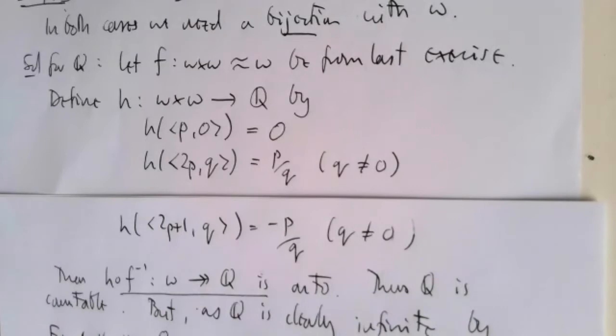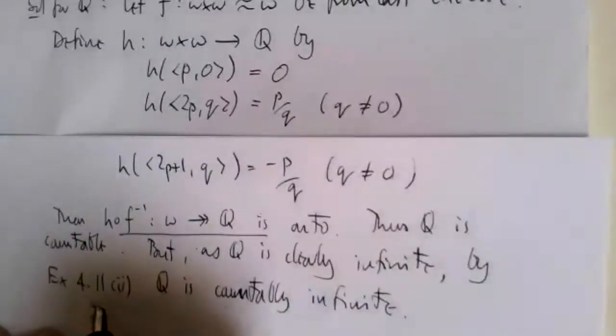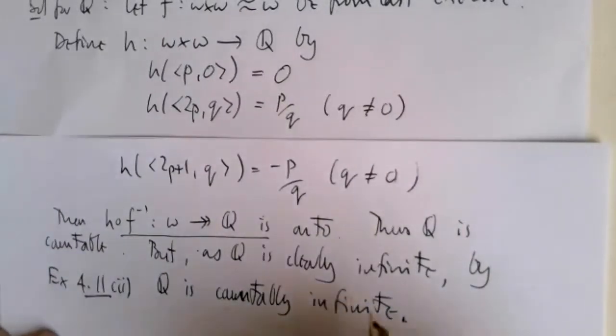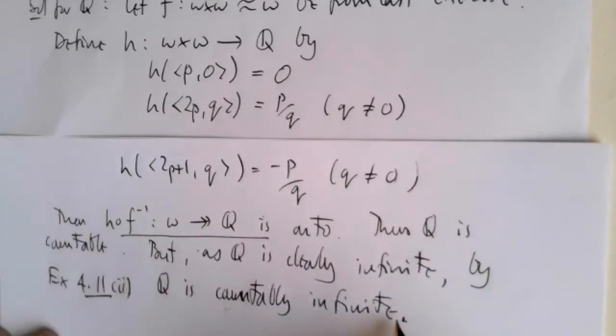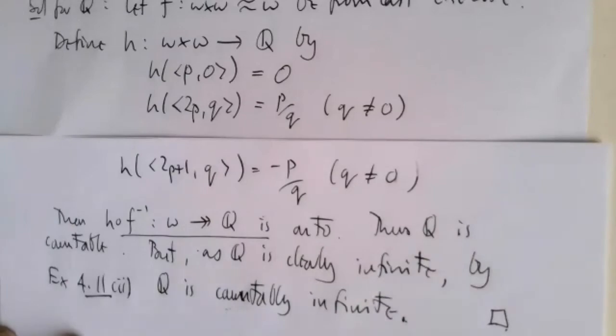Q is countably infinite. If you look back at what that exercise says, if you establish that something is infinite and it's countable, there's a bijection. So that would finish that slightly harder part of the exercise.